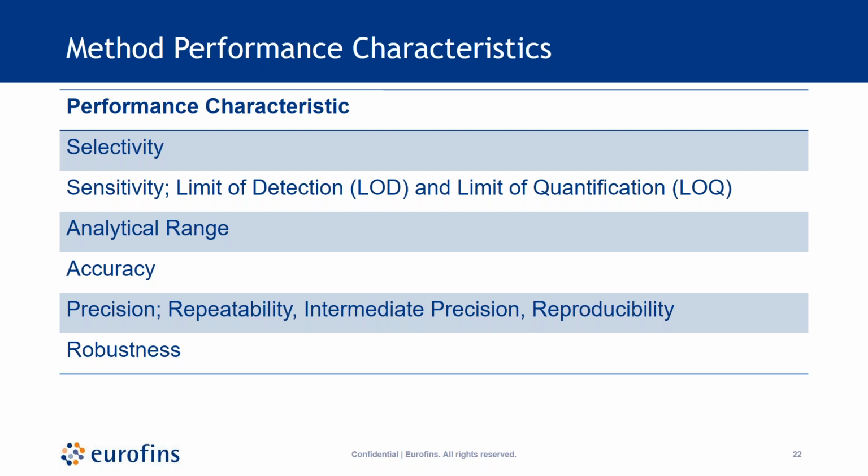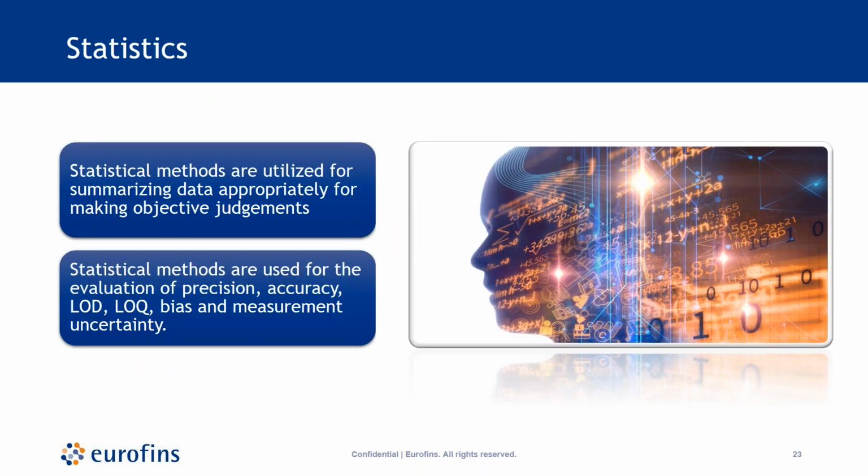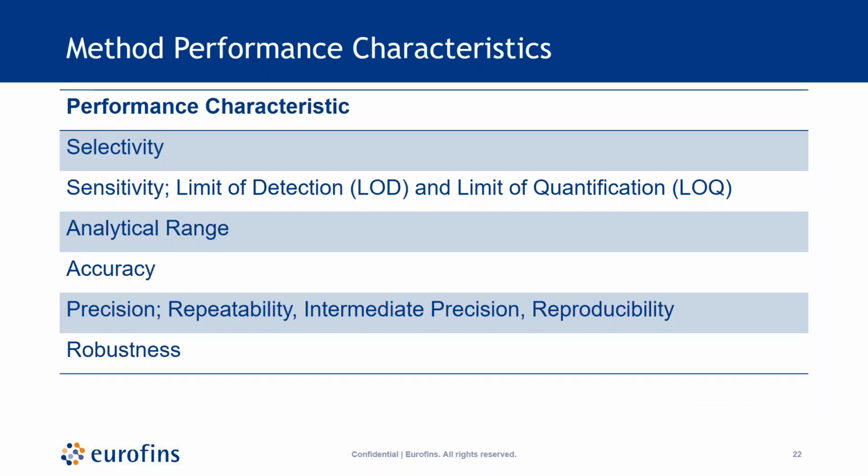What we really mean by that: is my method selective for what I'm looking for? If, for example, my matrix blank that contains all my excipients gives me a positive response in my HPLC chromatogram at the same retention time as my active API, that's not going to work. We have to show that it's selective.